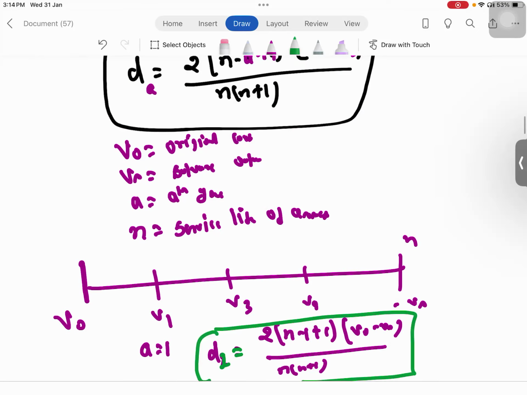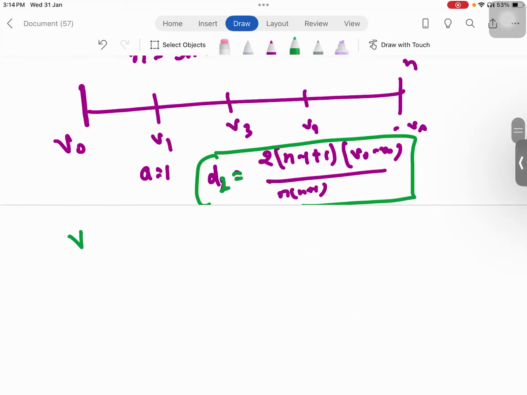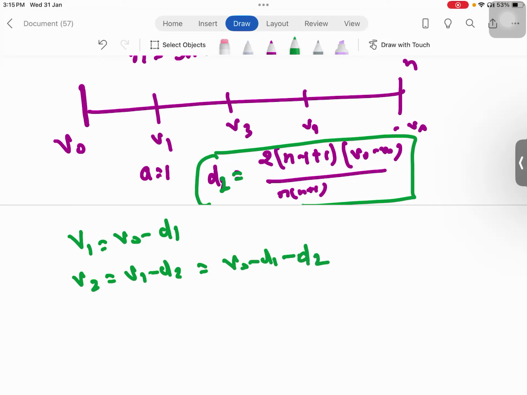Once you have calculated D1, you will be able to calculate the value of V1 equals V naught minus D1. Again, you can calculate V2 equals V1 minus D2, that is V naught minus D1 minus D2.